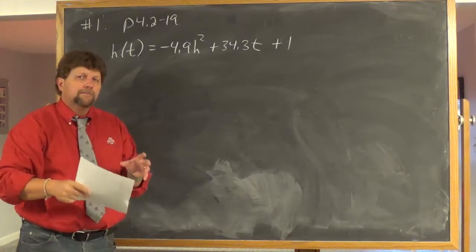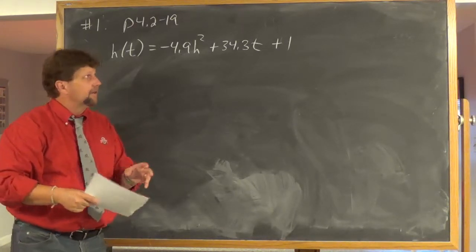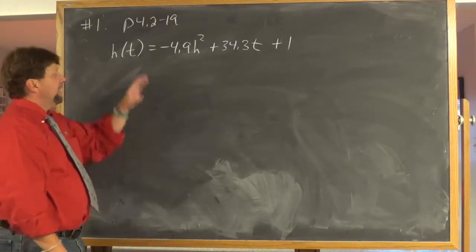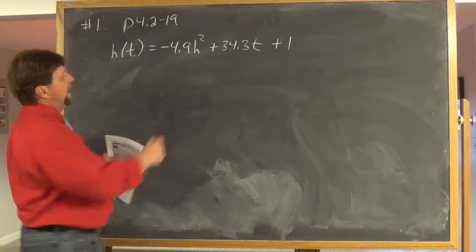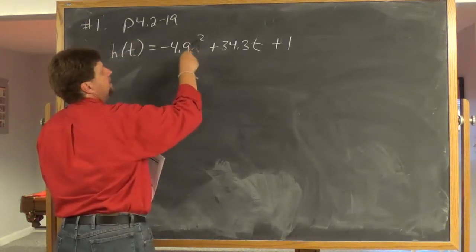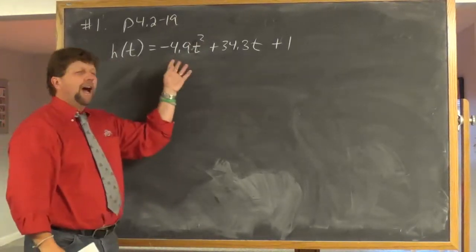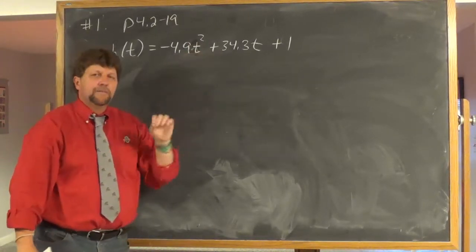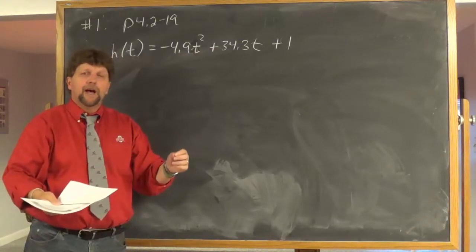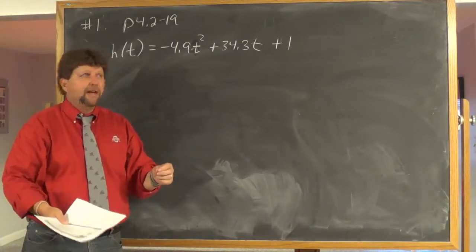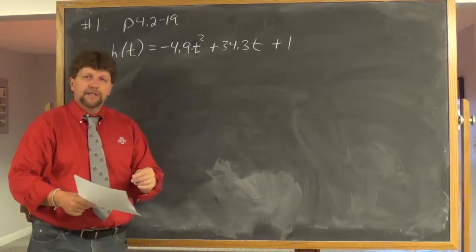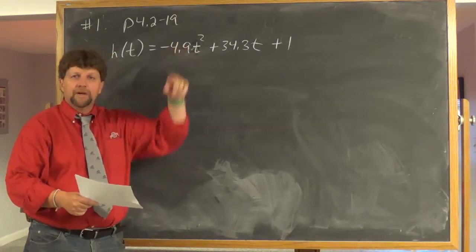Okay, now look at this quadratic function. First off, h of t tells you the height for any time t. So if you wanted to know the height of the baseball after 2 seconds, you'd put a 2 in for the t's, and that would tell you how high the baseball was off the ground.